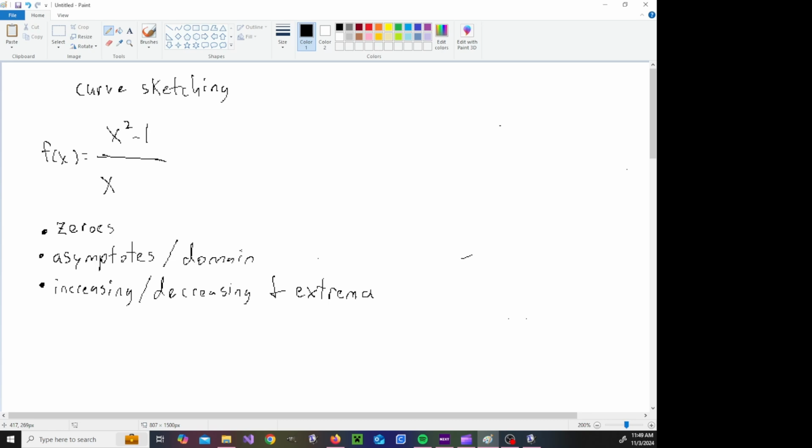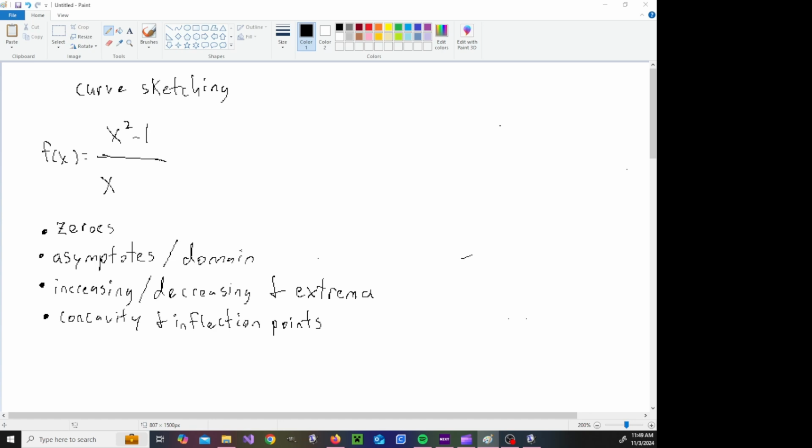And that ends up being almost kind of the same conversation. And then we're going to talk about concavity and inflection points, because those relate to the second derivative and kind of end up asking the same questions there.